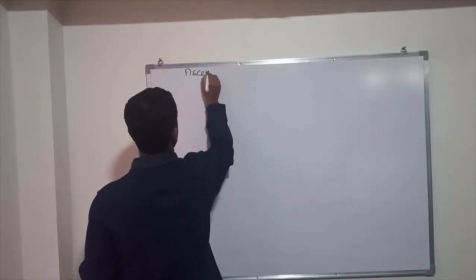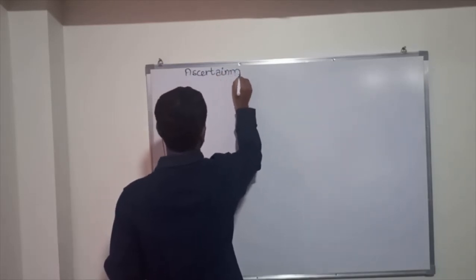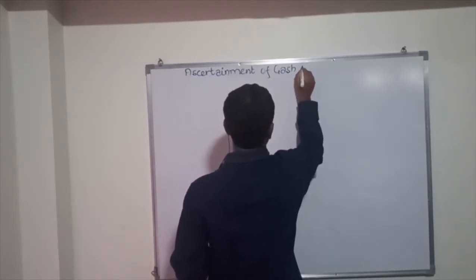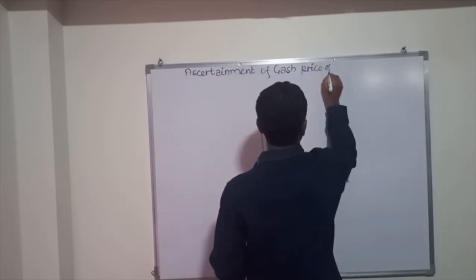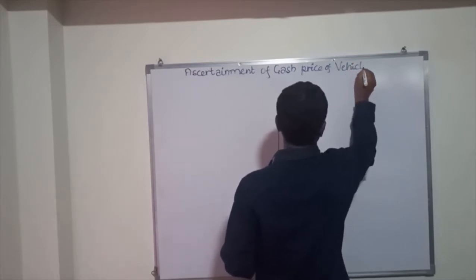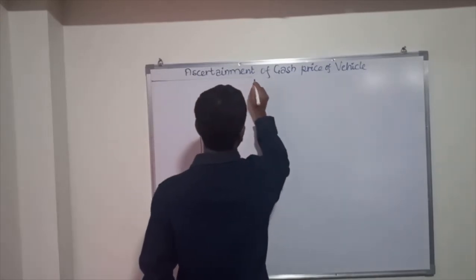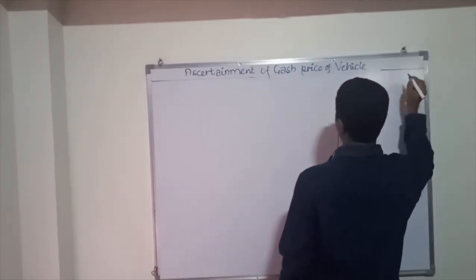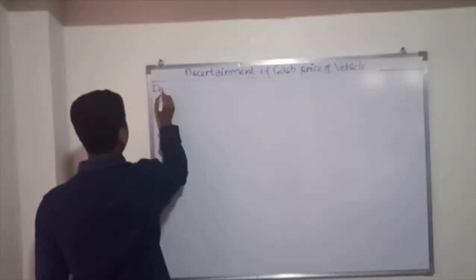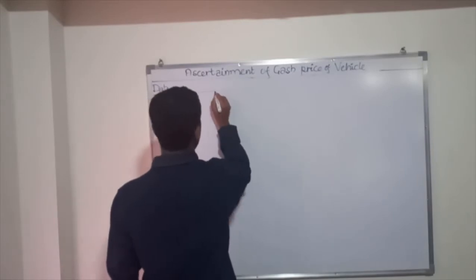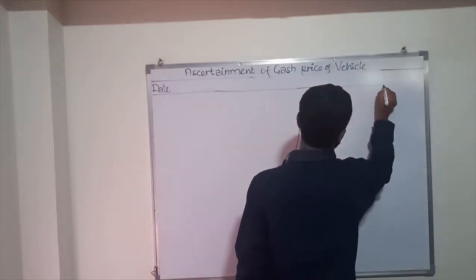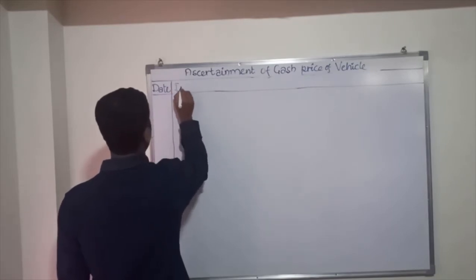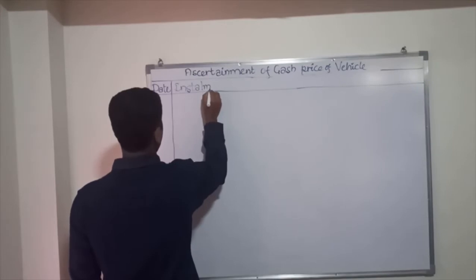Ascertainment of cash price of vehicle. So here, date column, then installment. This is a very simple problem.